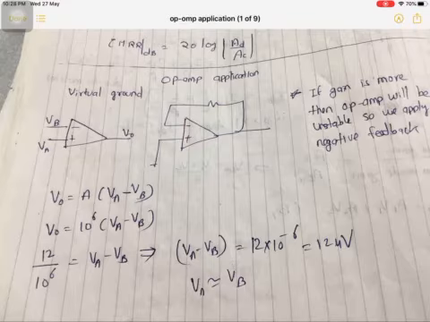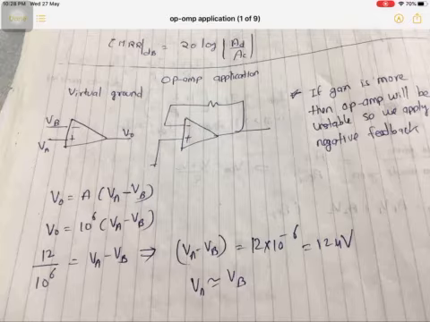In the last video we have seen that an op-amp has applications in two regions. One is the linear region and the other is the non-linear region. Linear region means the input and output of an op-amp are directly proportional, so the output varies with the input.